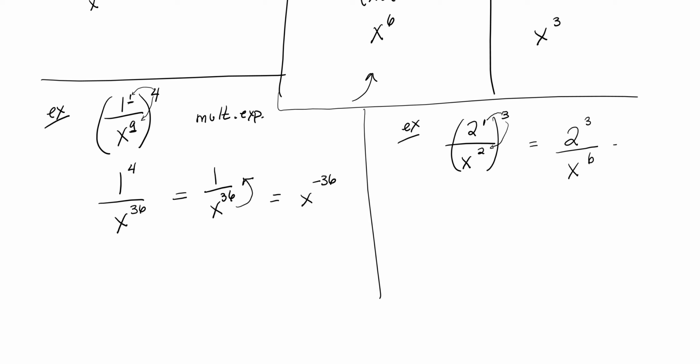If this is what I had left, then what I would want to do next is simplify the number or the base that is an integer. So here 2 to the third would end up being 8 over x to the 6th. And this may be good enough for what you need. Maybe you have to write your answer with positive exponents. If so, that's the answer.